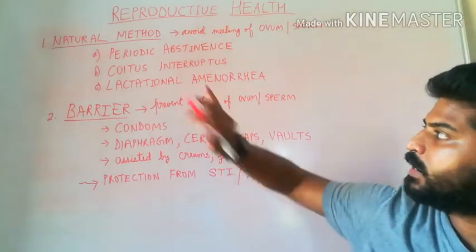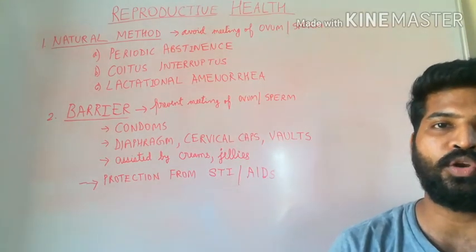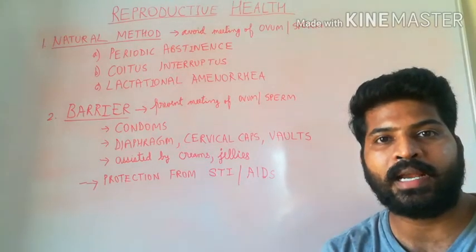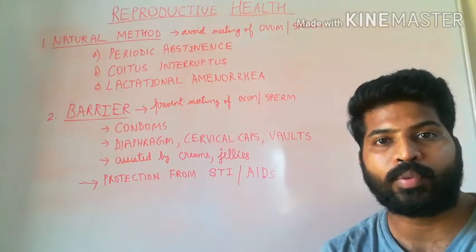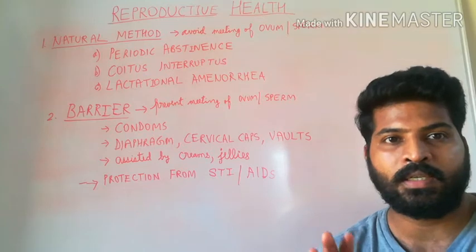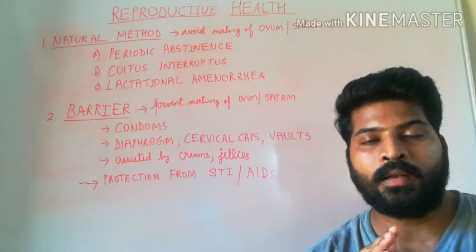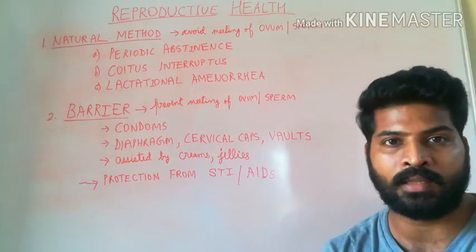The third method is lactational amenorrhea. It is a known phenomenon that when the mother is breastfeeding the child soon after childbirth, the levels of progesterone in the body are very high along with estrogens. This will result in no menstrual cycle.